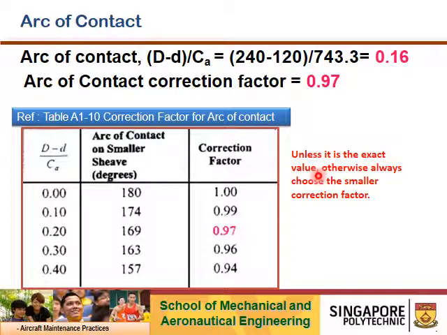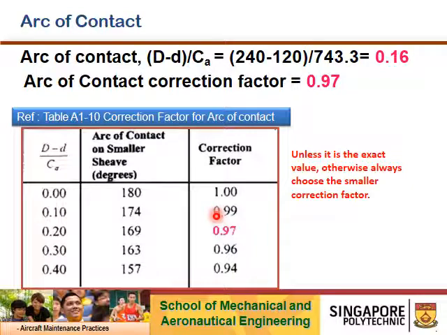If you want to be concise, you will need to interpolate to get a correction factor. But unless it is the exact value, referring to 0.1 exactly or 0.2, we always use the smaller correction factor.